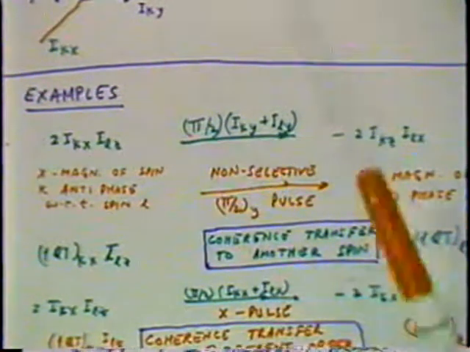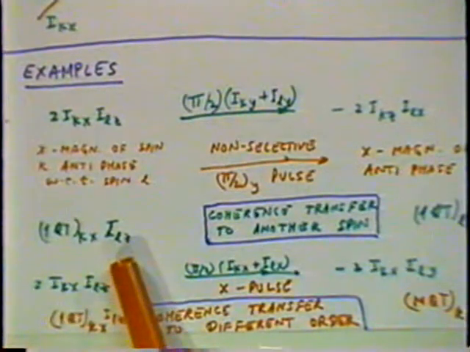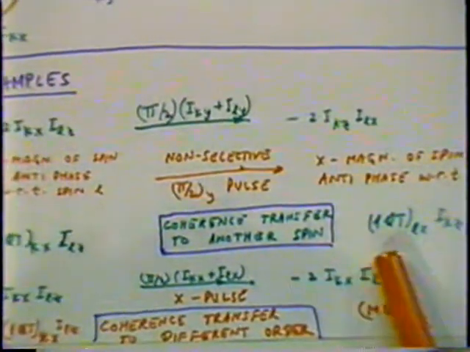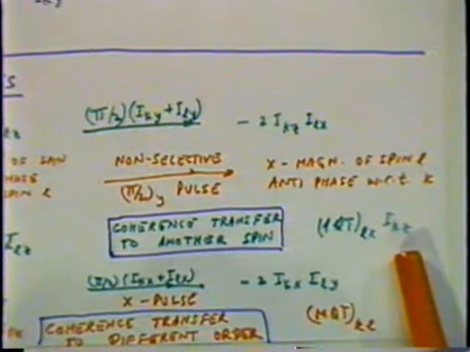I have stated it again that one quantum coherence of spin K antiphase with respect to L transfers the coherence to another spin and gives me one quantum coherence of spin L antiphase with respect to spin K.